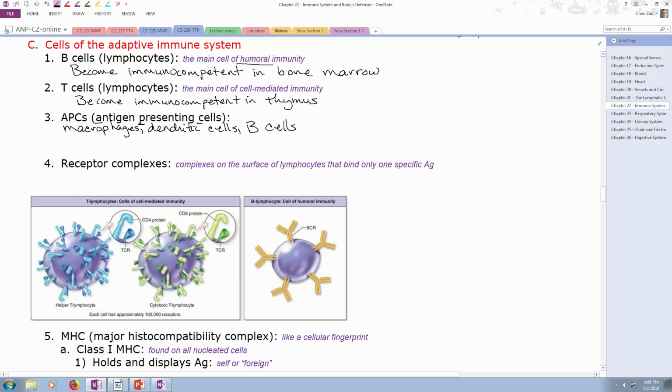What these cells will do, they engulf the pathogen, they digest it, remember the phagolysosome thing, and then present this to a T helper cell. The dendritic cells are really good at this, so I put a little asterisk by the dendritic cells.